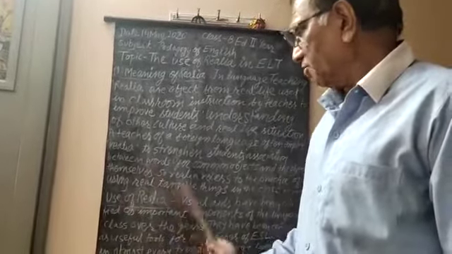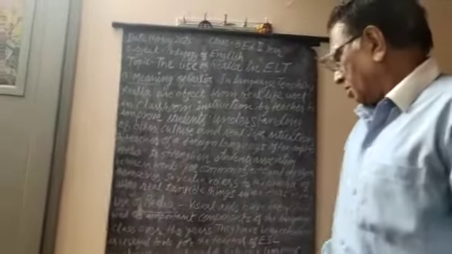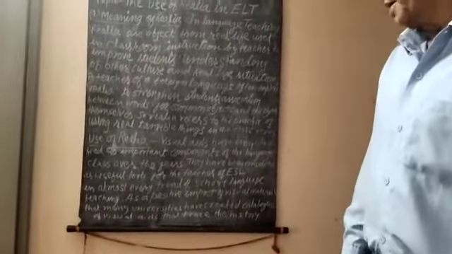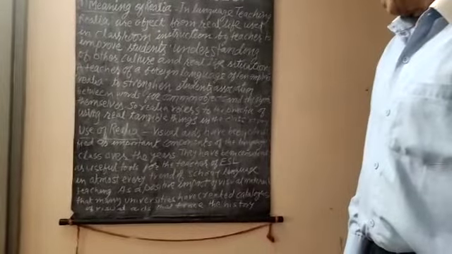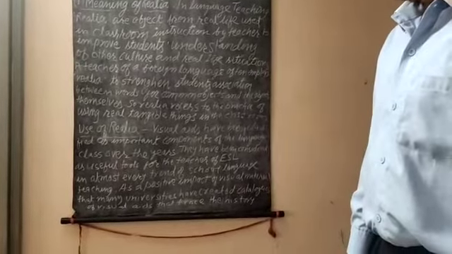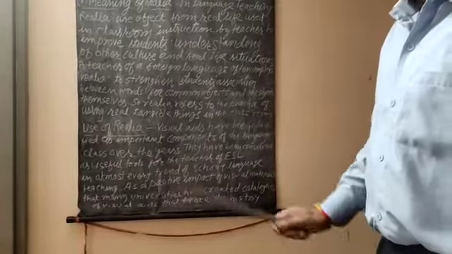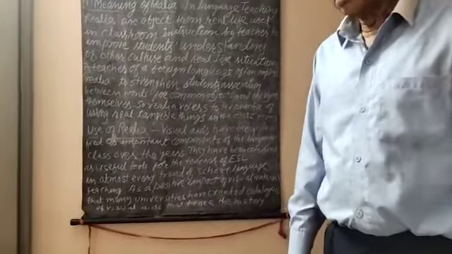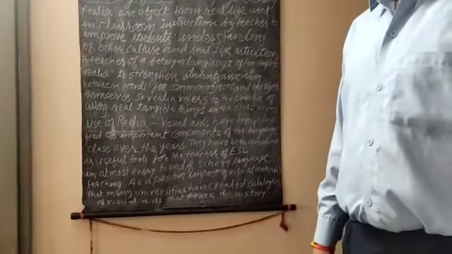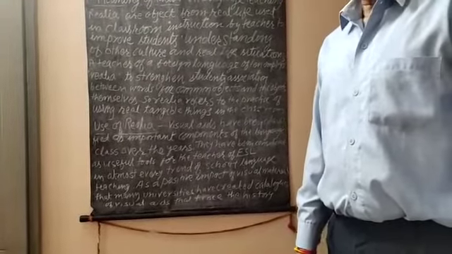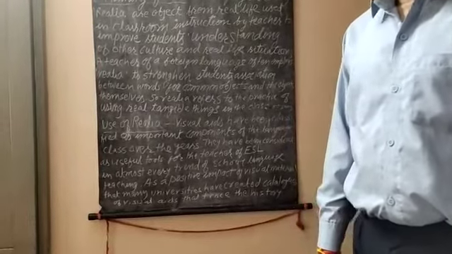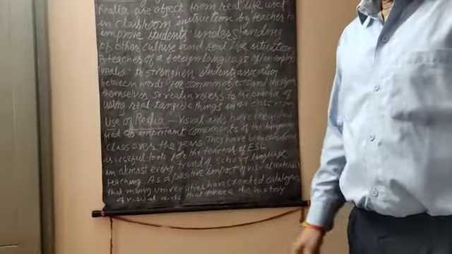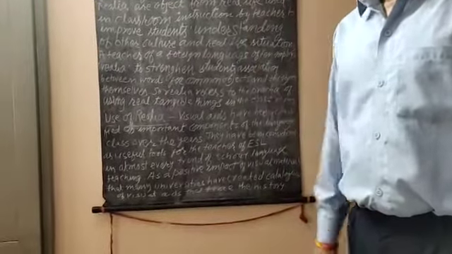Now, what is the use of Realia? Visual aids have been classified as important components of the language class. For many years, researchers have found that visual things are very effective in classroom teaching, especially in the language class, because here the eyes and ears both work.